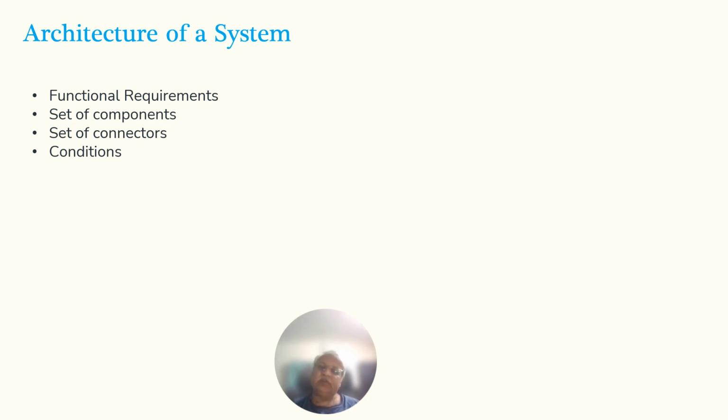It will also depend upon the set of connectors which will help in coordination, communication and cooperation between the several components being considered in realization of the system. So all these items are considered so that the system design will happen.